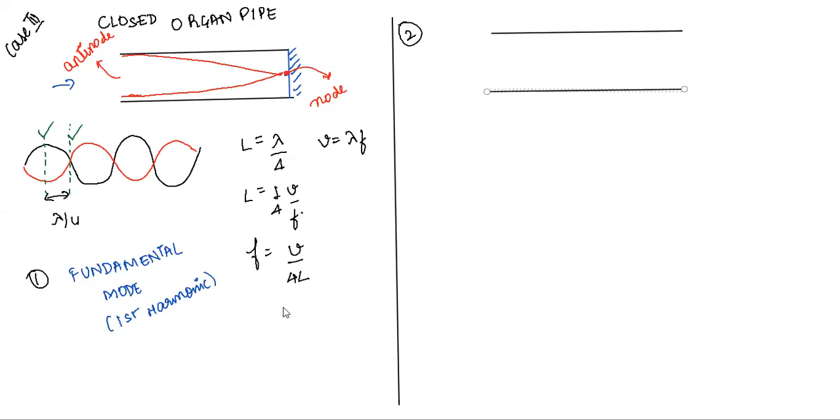Let's close this at one end. Now, Anukriti, tell me, what's the next closest distance between one node and one antinode? This one is an antinode. We'll start from the antinode at this point. This will be an antinode, while here we have to keep a node.